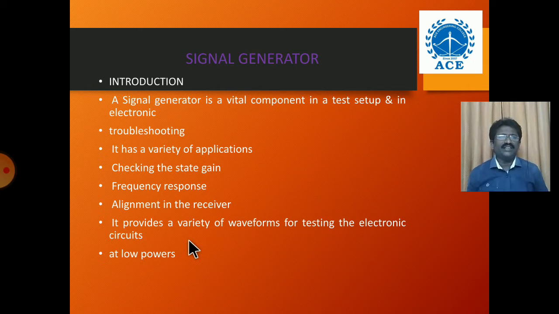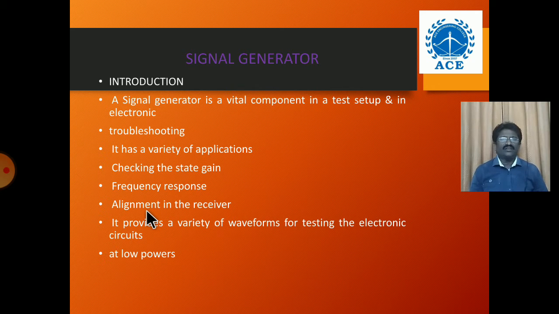With the help of a signal generator, we can generate sine wave, square wave, triangular wave. Actually your signal generator is a vital component in a test setup and in electronic troubleshooting.